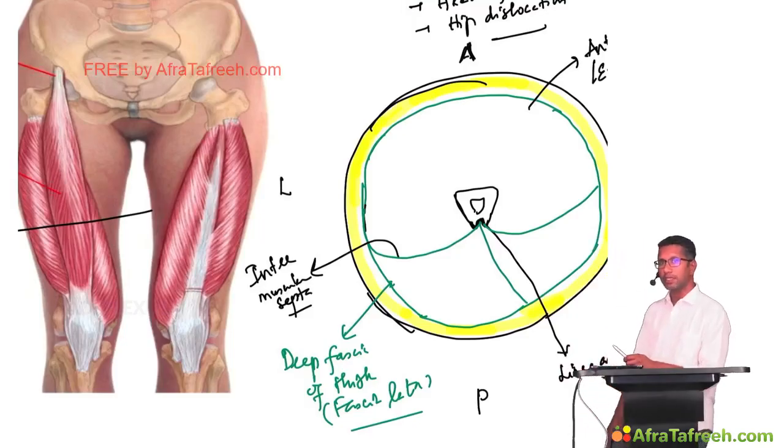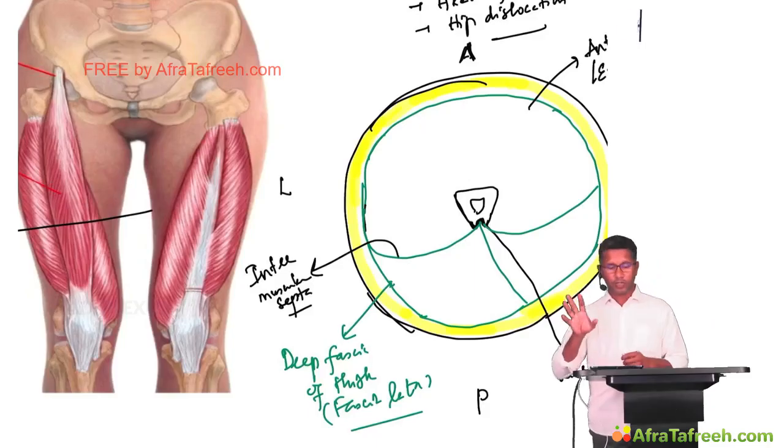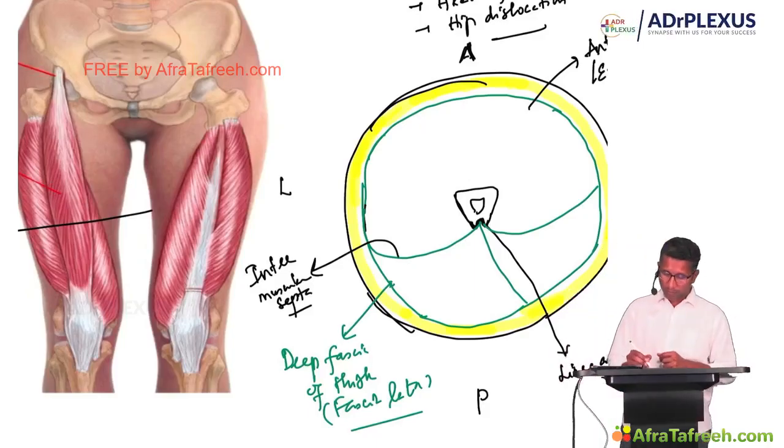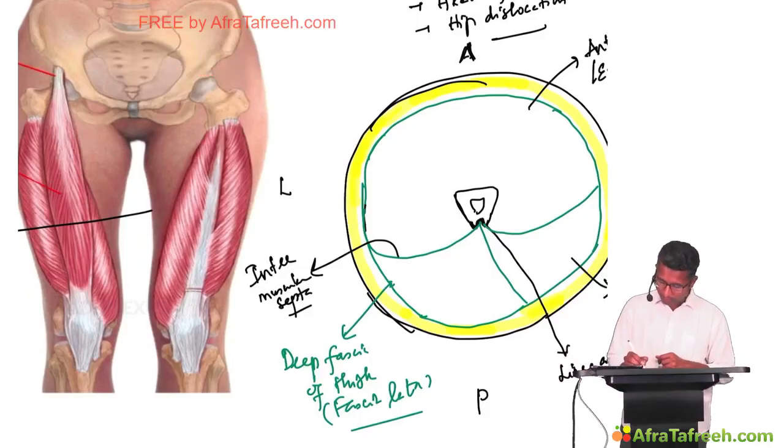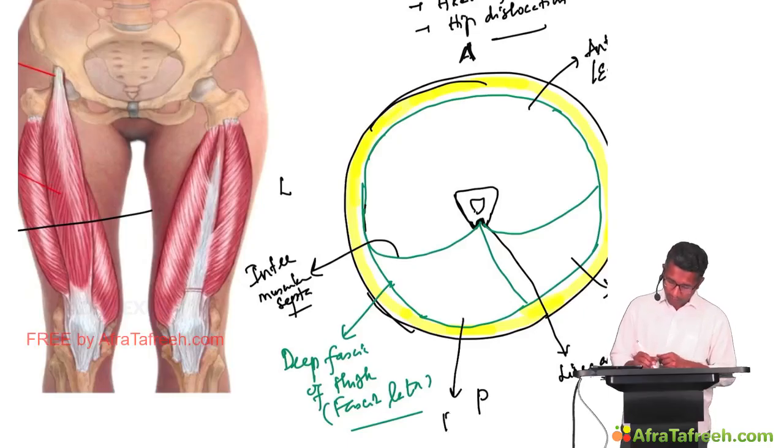Since it causes extension of the knee, it is called the extensor compartment. The medial side is called the medial compartment or the adductor compartment, and the posterior compartment is called the flexor or the hamstring compartment.